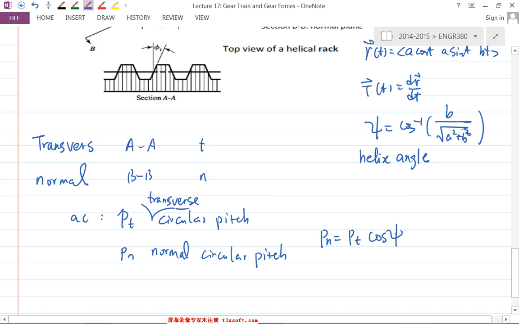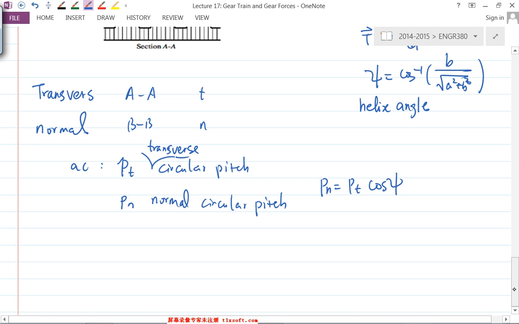So you can carry more load and have a smoother motion. However, as we're going to show you, when the helix angle is bigger, it will generate a bigger axial loading along the shaft.